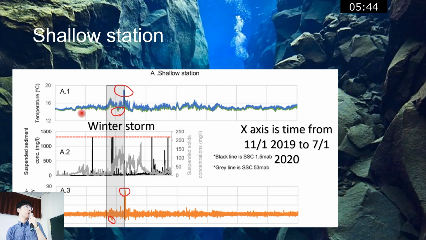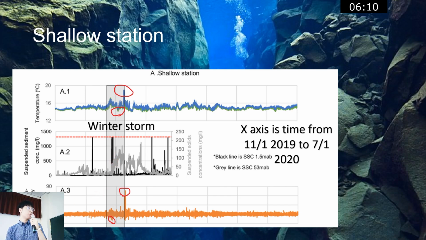It's stable, but in the winter it fluctuates. And we can find the highest and lowest temperature in winter. And look at the SSC. The average SSC in winter is very high. It demonstrates that turbidity currents can bring lots of sediment.